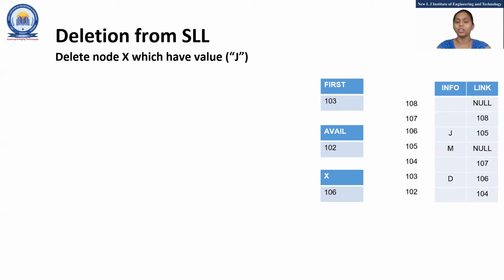Fine. Now, what was the first step when I say deletion? If you want to delete something, check: do I have any node in my linked list or not? If first is pointing to null, it means the linked list is empty.